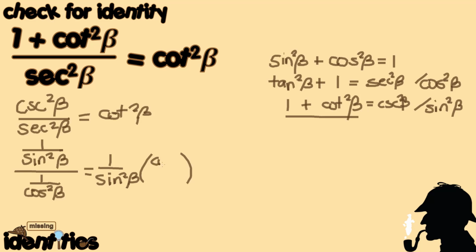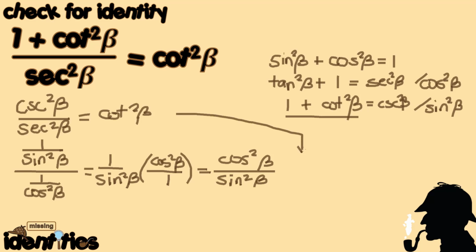So you have here cosine squared beta over 1. When we multiply that, numerator to numerator, you have cosine squared beta over sine squared beta. This time, let's rewrite here the goal, which is cotangent squared beta.